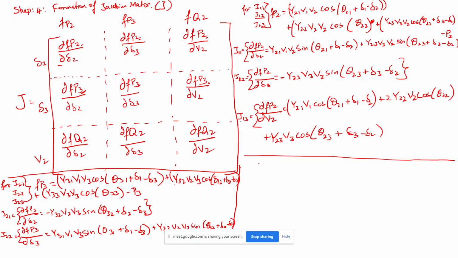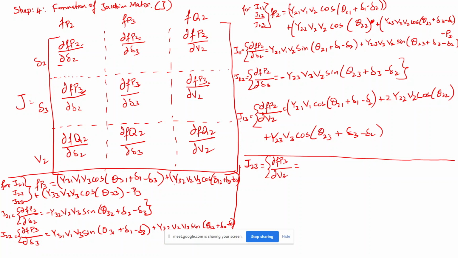And then J23, right? Sorry, it is not I, it is J23. J23 is equal to what? Someone tell me first. Dou FP3 divided by dou V2.